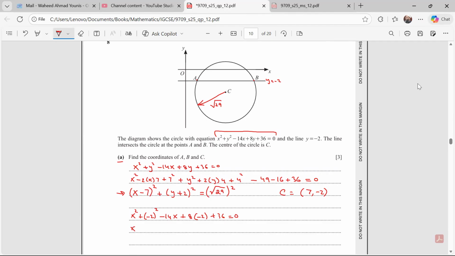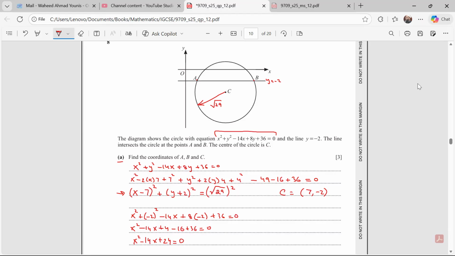So this would be x squared minus 14x, and this will become plus 4, and this is minus 16, and plus 36 equals 0. So I will rewrite it as x squared minus 14x, and 36 minus 16 is 20, 20 plus 4 is 24, equals 0.